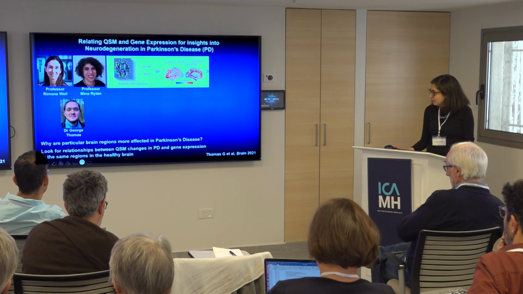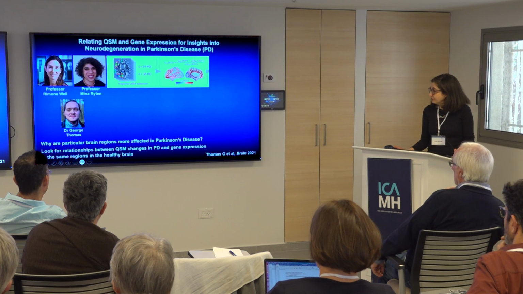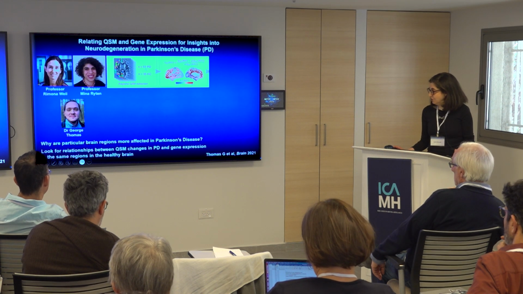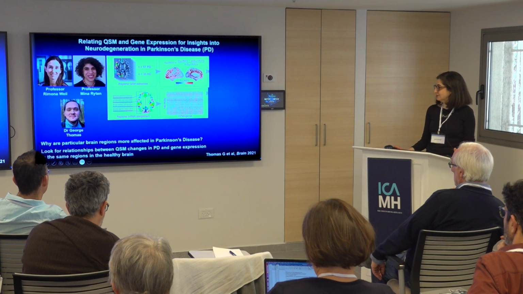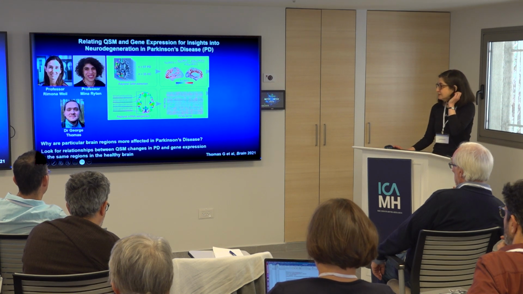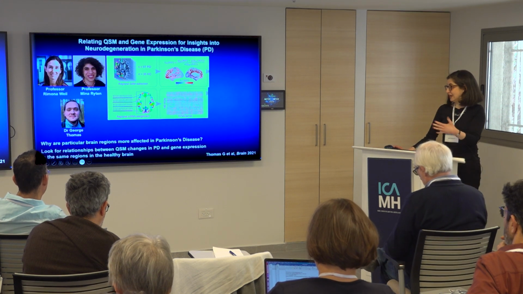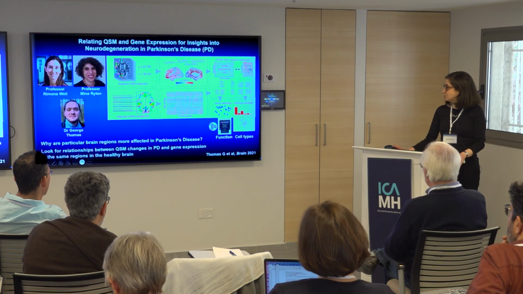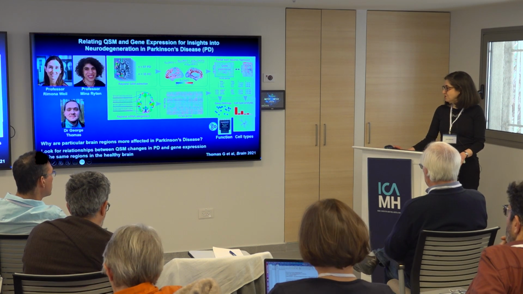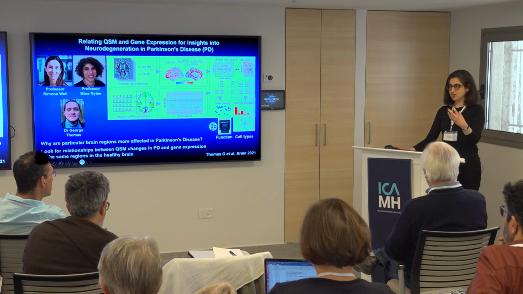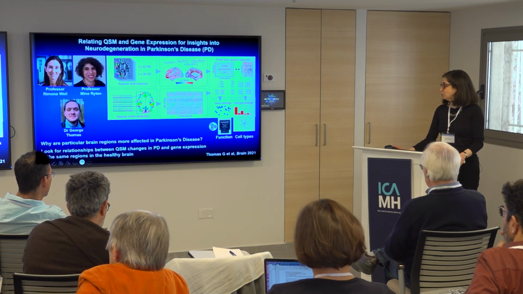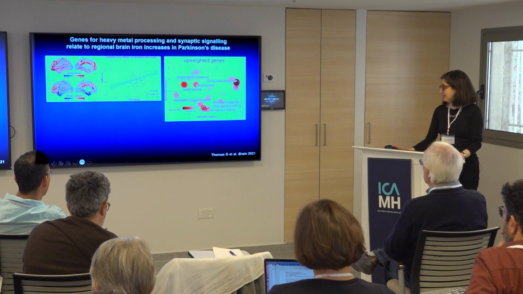So here are the correlations between whether people had Parkinson's and the QSM changes in Parkinson's, and here is the mRNA library at the Allen Brain Atlas. When you correlate those things using a partial least squares regression, you can look at which genes are expressed in those regions that are correlated, and also what kind of cell types are being expressed there.